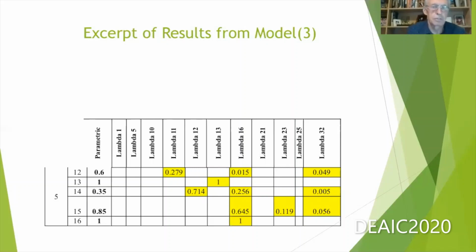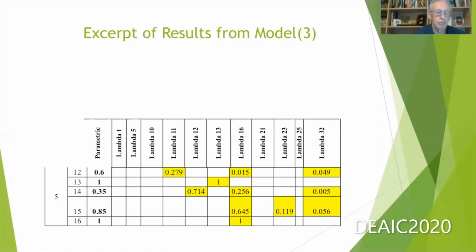If you look at this simple excerpt from the results for Model 3, I've chosen faculty 5, which has departments designated as 12, 13, 14, 15, and 16. Notice that departments 13 and 16 are efficient. And also notice that DMU number 12 is inefficient with an efficiency score of 0.6. So also are DMUs 14 and 15.